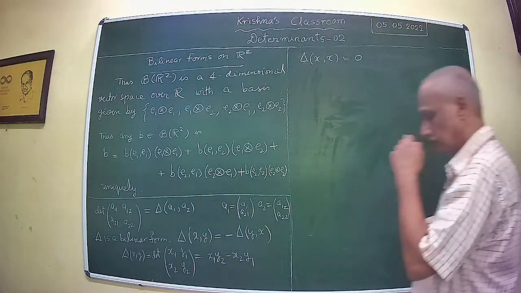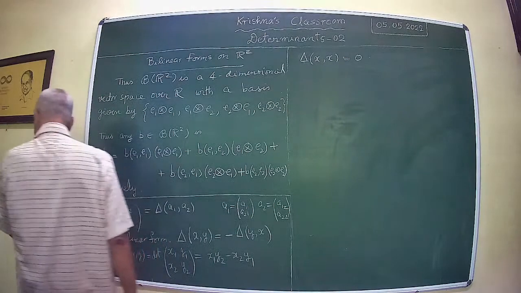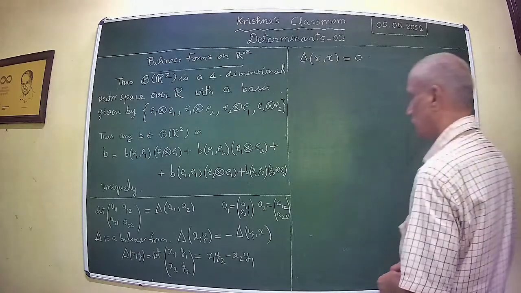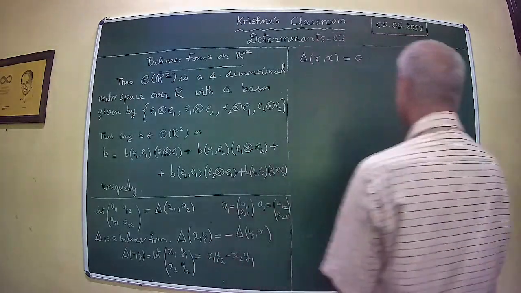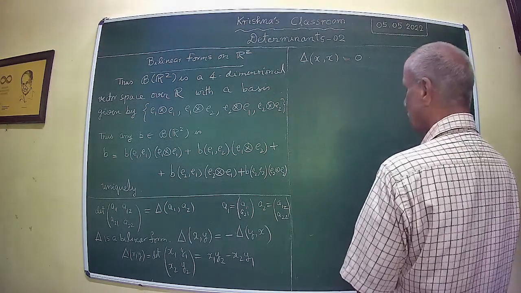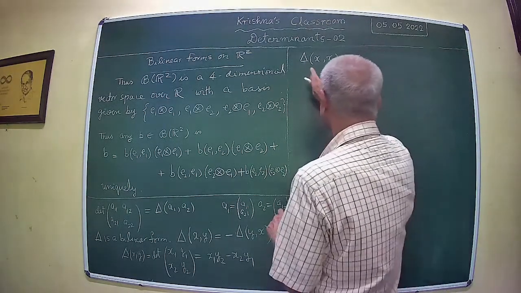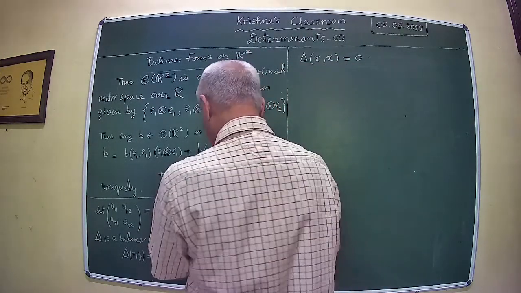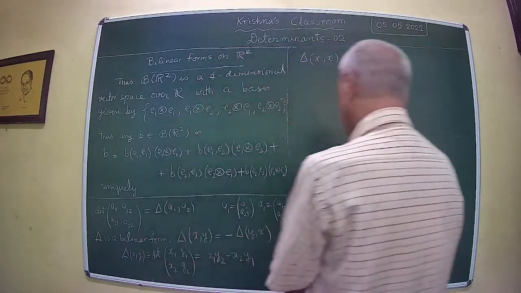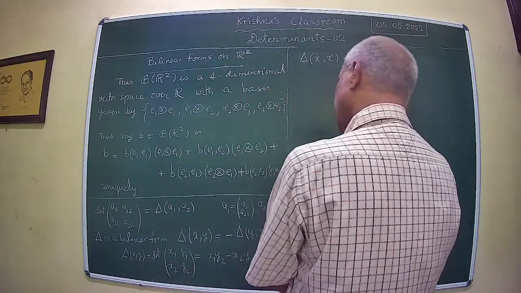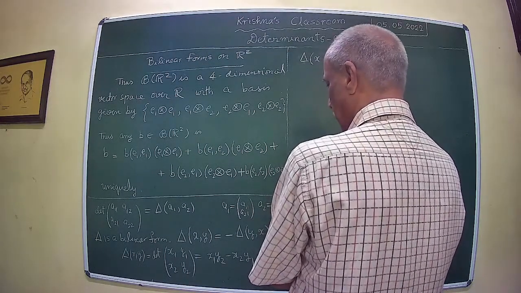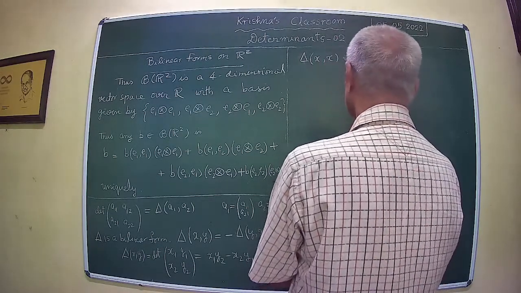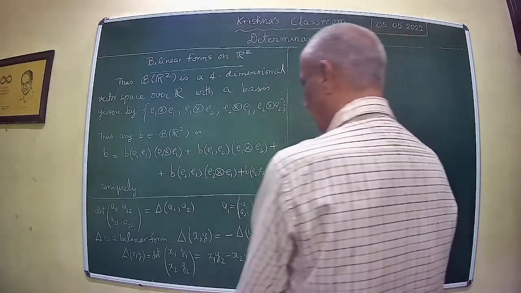That's easily verified. So these are two important properties that this has, and of course this can be deduced from the earlier property, because if you have delta of xx is equal to minus delta of xx, and therefore twice delta of xx equal to 0. Therefore delta of xx equal to 0. This is a consequence of the property.